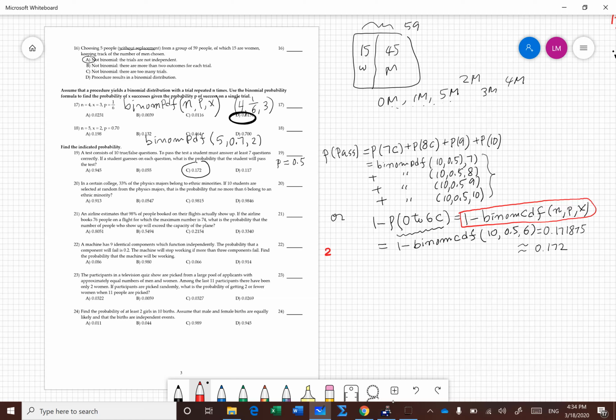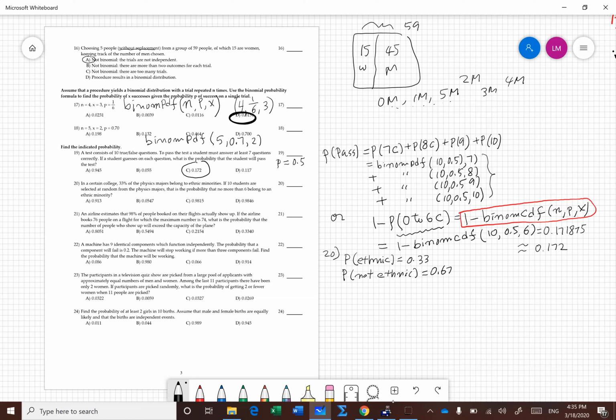The probability of ethnic is 0.33, so the probability of not ethnic is 0.67.